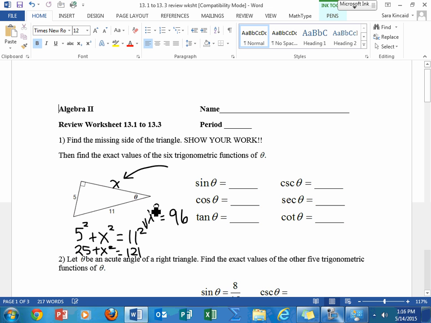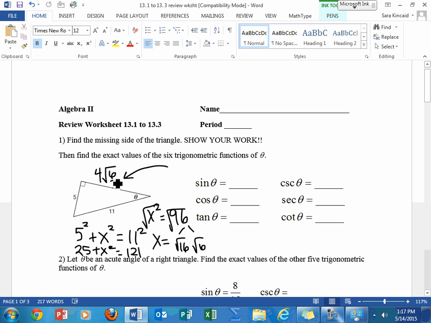Then when we square root that 96, you want to leave your answer in simplified square root form. So we're going to simplify this radical by saying 96 is the same thing as 16 times 6. Yep, 16 times 6. So the simplified answer here is 4 square root of 6, because 4 is the square root of 16.